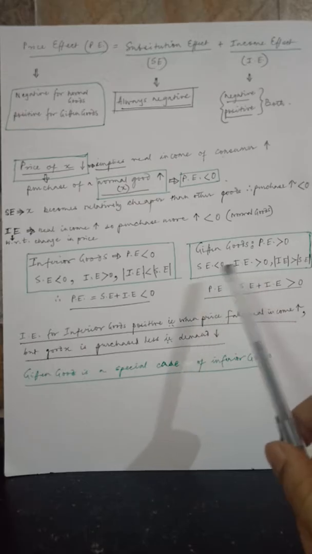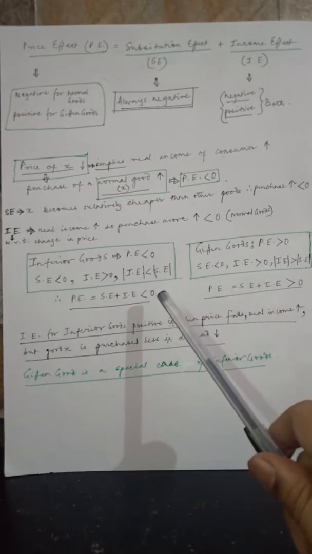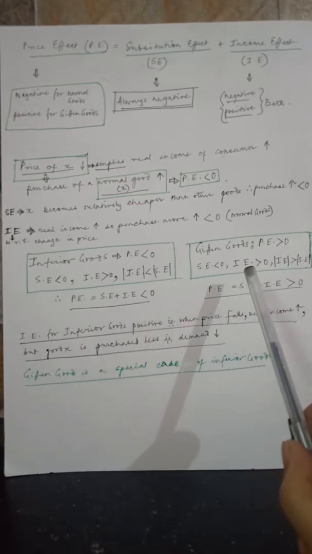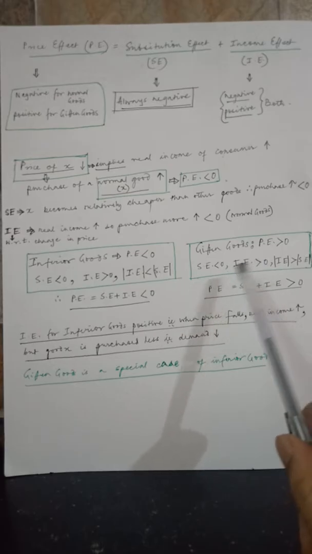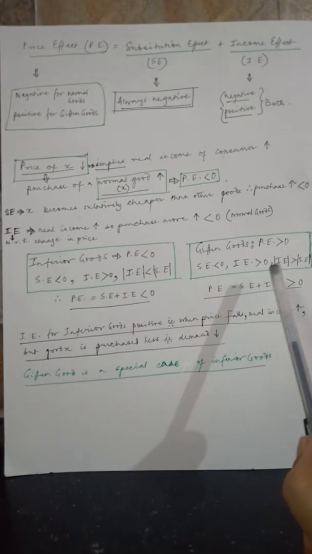As I explained just now, when the price of X is decreasing, the real income is increasing. Because it is an inferior good, we would not increase the demand, we would decrease the demand. So price is falling, demand is falling due to income effect, so income effect is positive. Both are moving in the same direction.